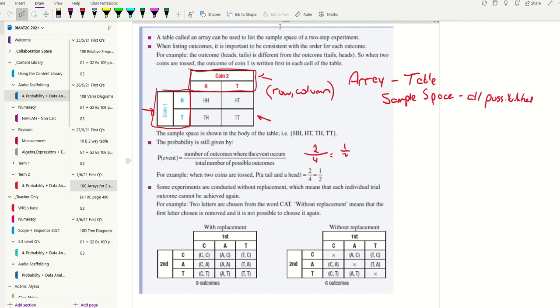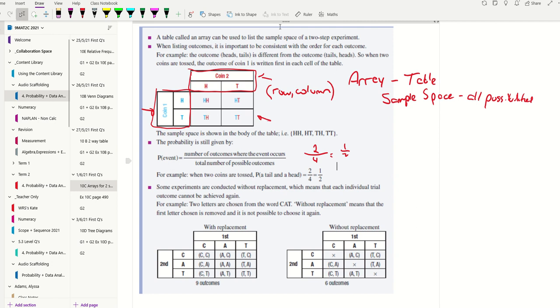But if we were doing an experiment by pulling coloured balls out of a bag, we might have 5 red ones and 5 blue ones in there to begin with. If we pull one out, there's 10 in there, so we've got a 5 out of 10 chance of getting a red one. If we put the ball back, then we've still got 10 balls and we've still got the same probability when we go for our second trial.